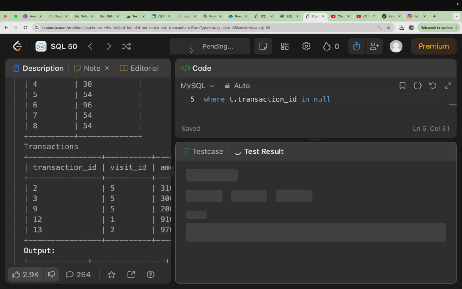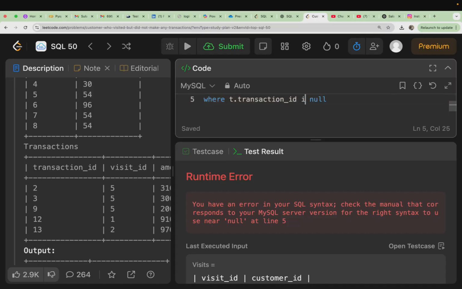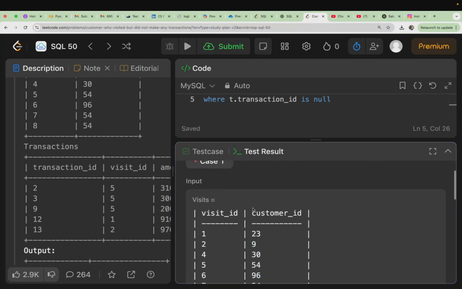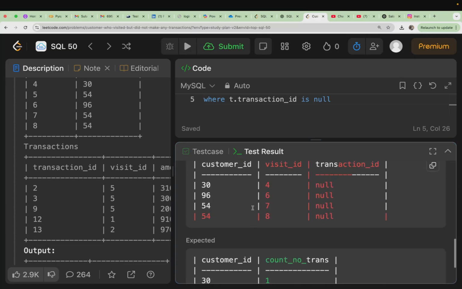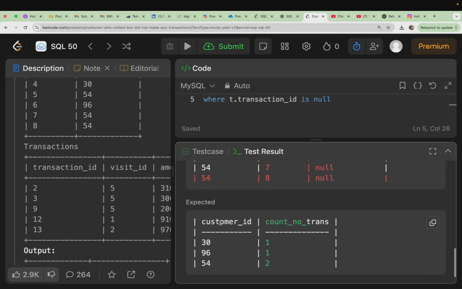And if we run this code again, okay, it's a syntax error. It's not in null, it's is null. Alright, we got the output again. Now let's look at the table again. We got only those rows in which the transaction ID is null. This is not what we are expecting.